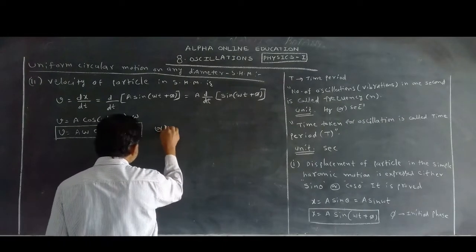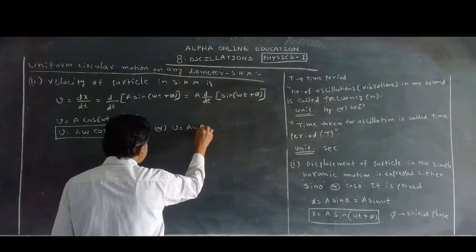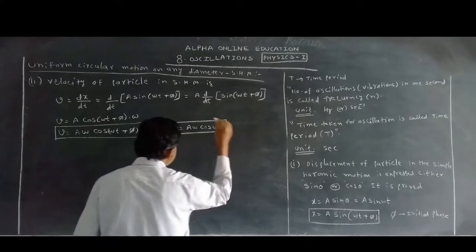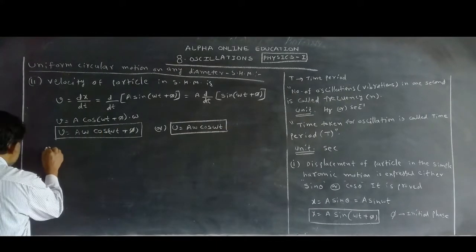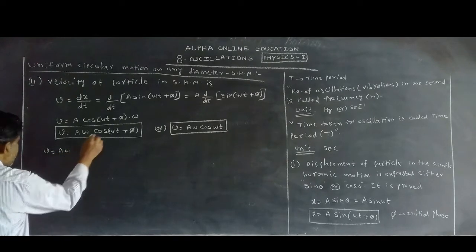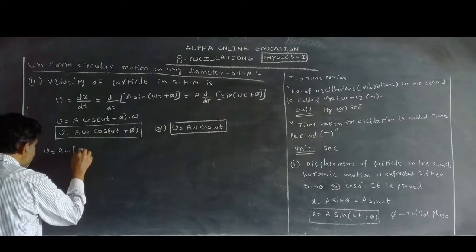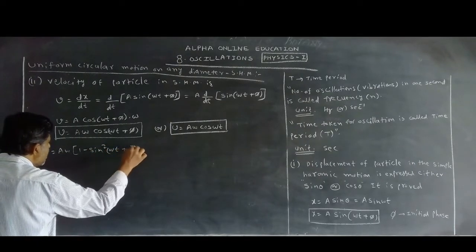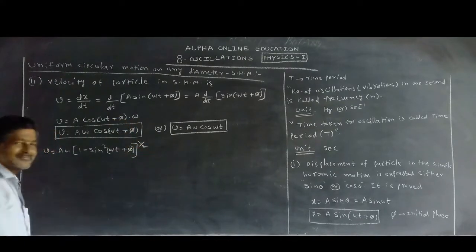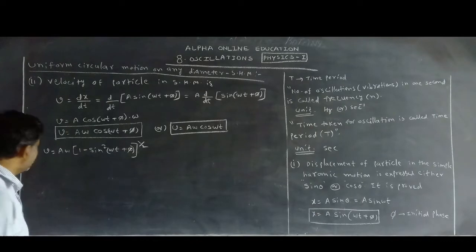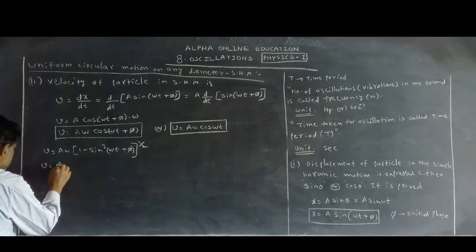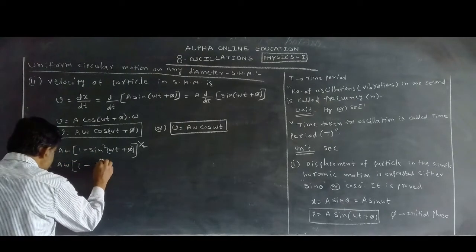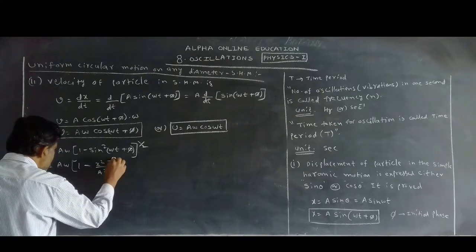This is the velocity of the particle in SHM. Otherwise, v is equal to a omega, and how can we write cos omega t? It is 1 minus sin square of omega t plus phi, whole power half. It is a mathematical expression you have studied in 10th class. v is equal to a omega into 1 minus x square by a square, whole power half.